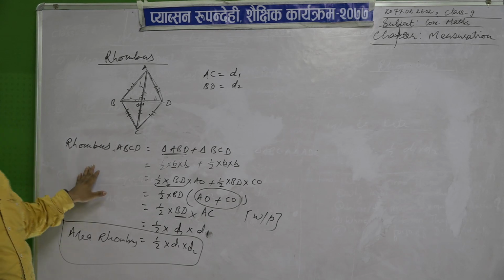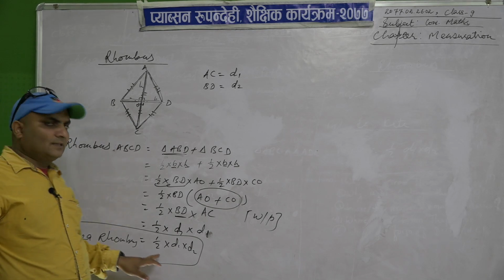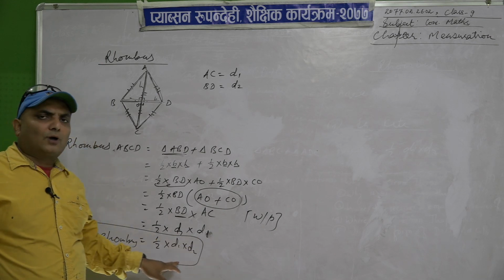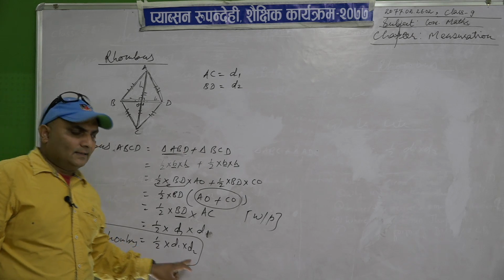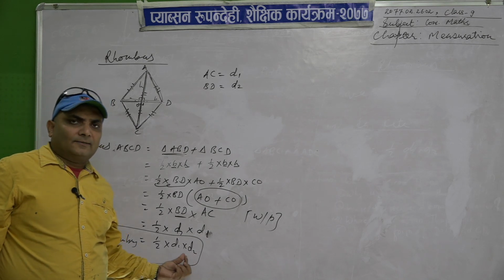So, we have found how, or why, the area of rhombus is 1 by 2 into D1 into D2, or half of the product of its two diagonals. Area of rhombus is half of the product of its two diagonals.